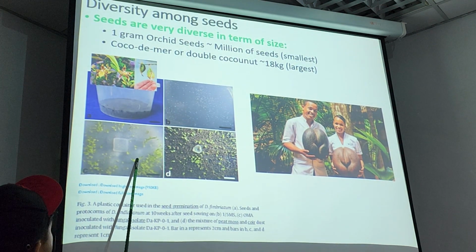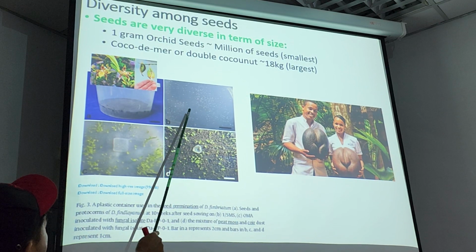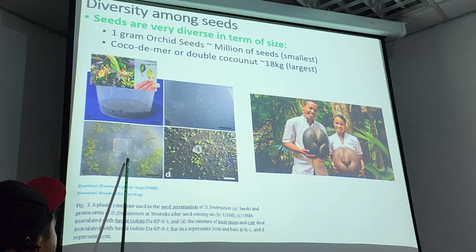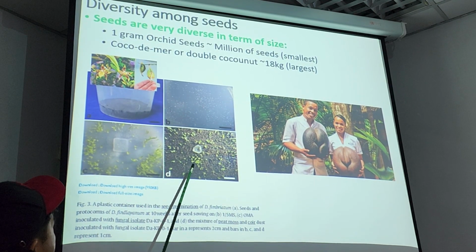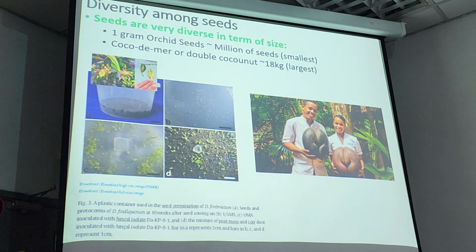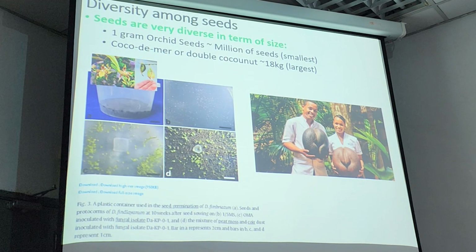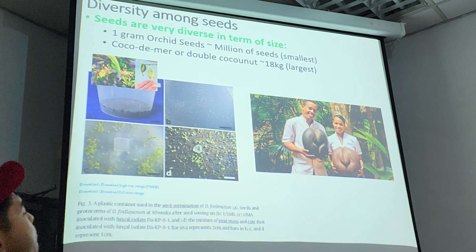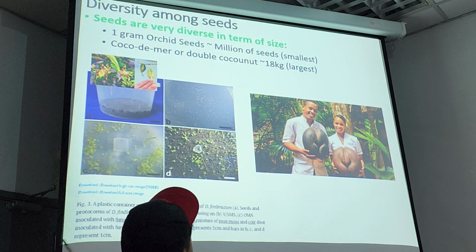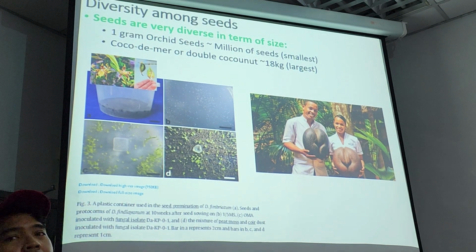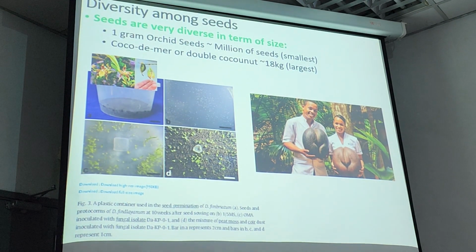So these orchids are so small that millions of them are able to fit in a small vial, right? And then you compare with this coco de mer, or double coconut. I think we have it in Malaysia, but in very few places.